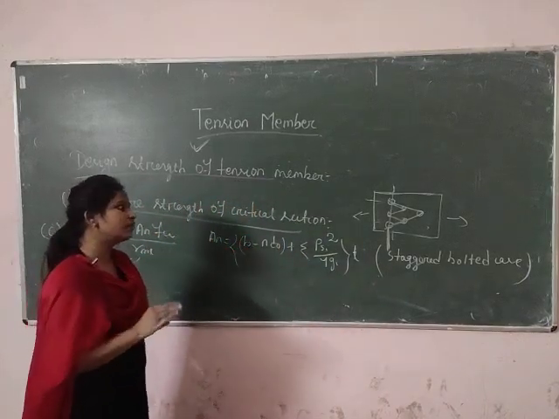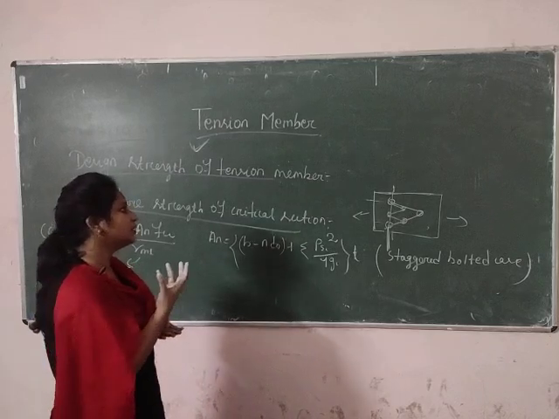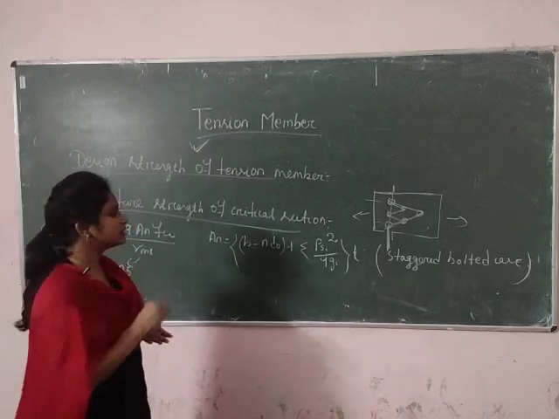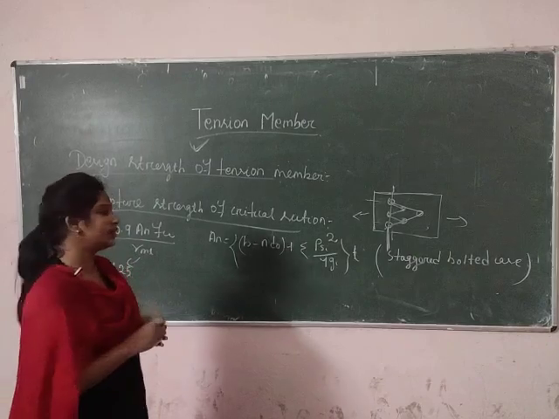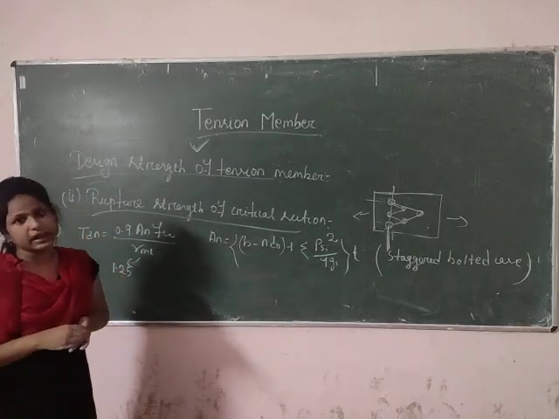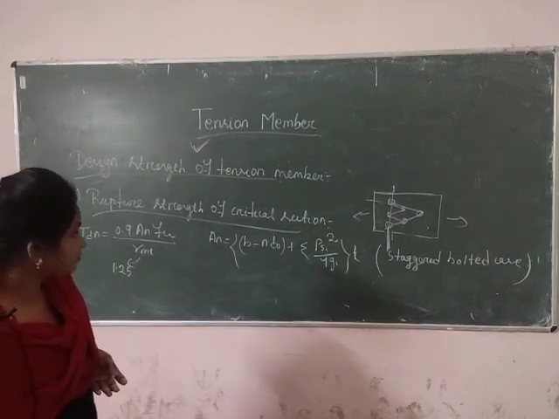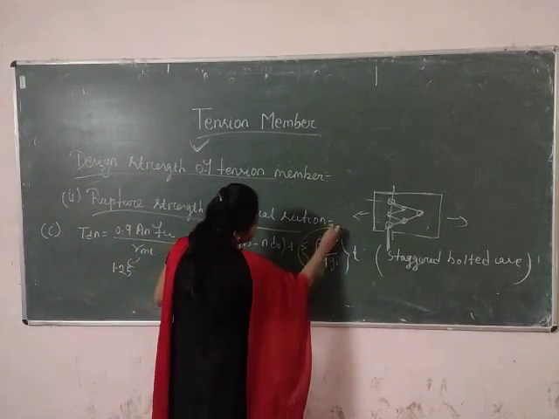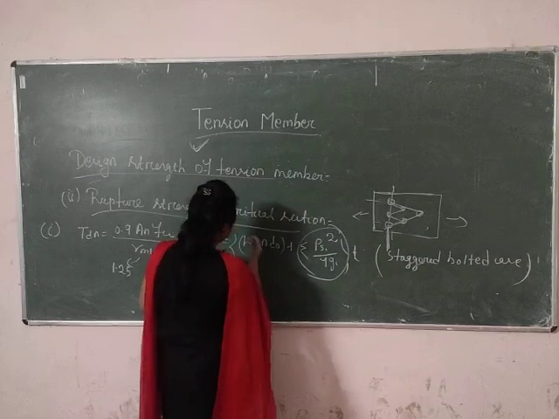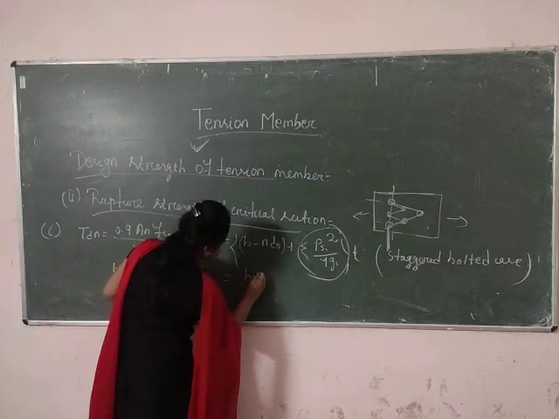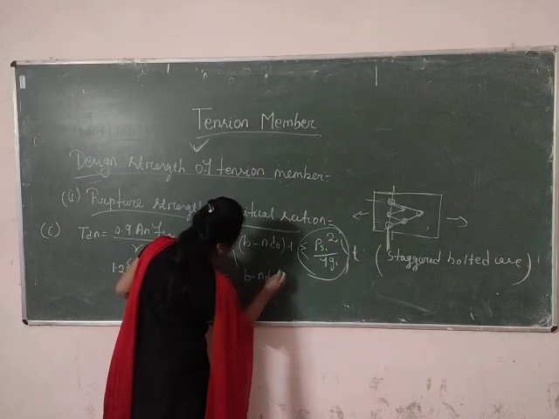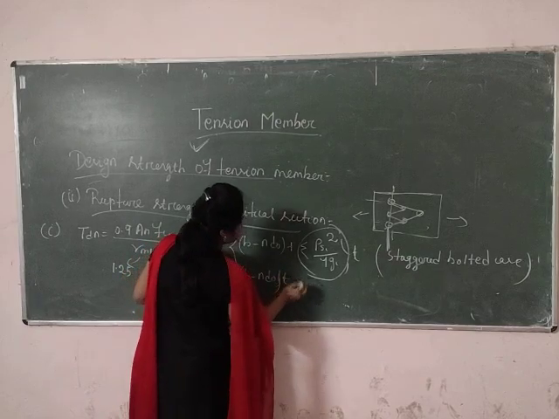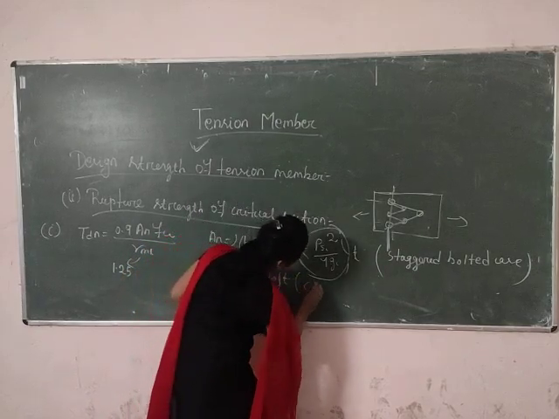For the chain bolted case, this term will be 0, and the formula will be (B minus n d naught) whole into t. This is for the chain bolted case.